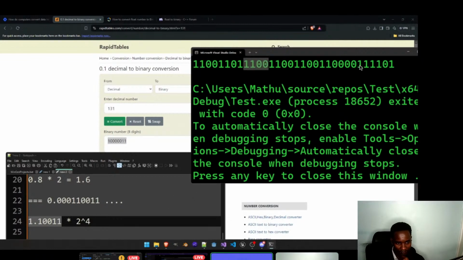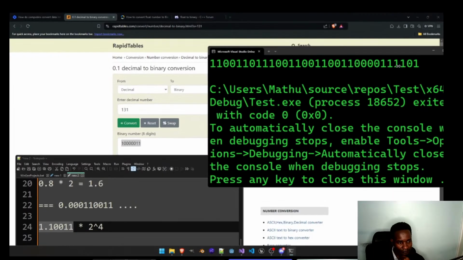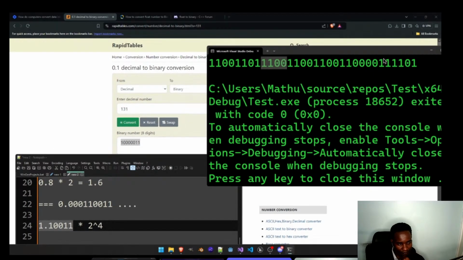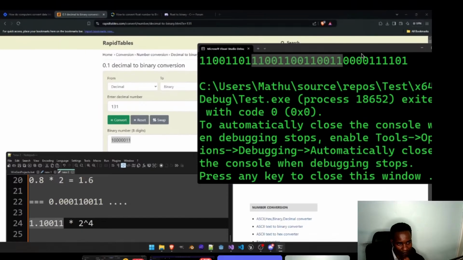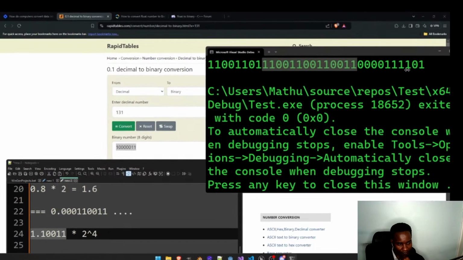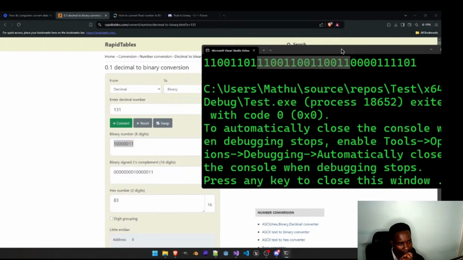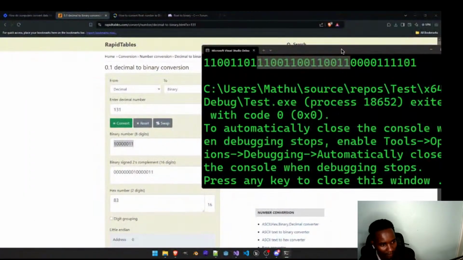Okay, the part that I see repeating is supposed to start with 110, 01100110011. Maybe they add something extra, but I'm expecting that we should also have this value somewhere. That one I can't see.